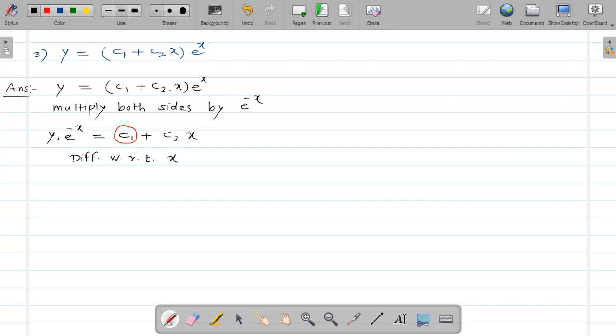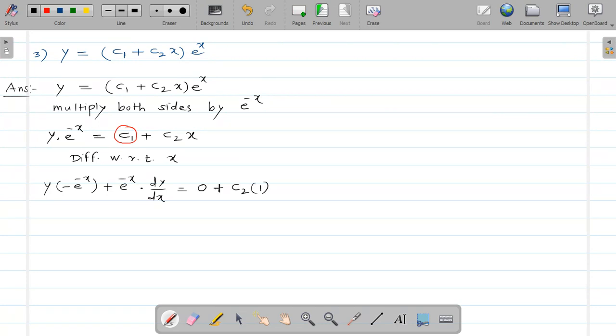Now take the derivative here. Derivative of y into e raised to minus x: keep y as it is into derivative of e raised to minus x, which is minus e raised to minus x, plus e raised to minus x as it is into derivative of y, which is dy by dx. On the right hand side, derivative of c1 is 0, plus derivative of c2 into x: c2 as it is into derivative of x, which is 1.